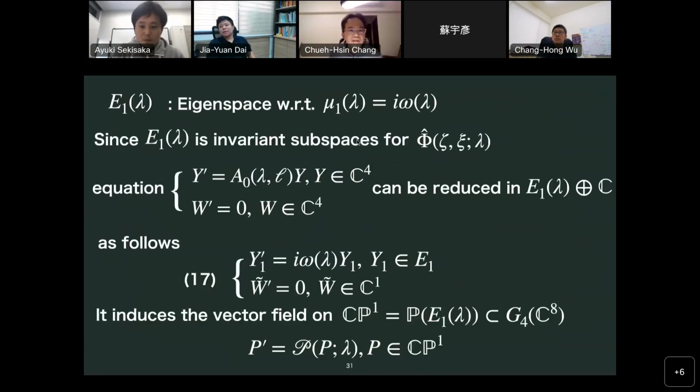Could you explain why you want the additional equation W prime equal to 0? I don't know what the purpose of the additional equation is.